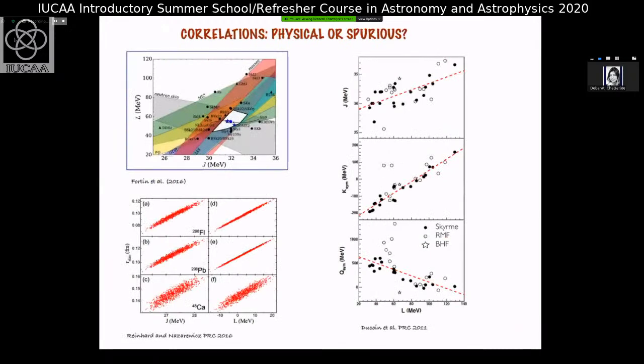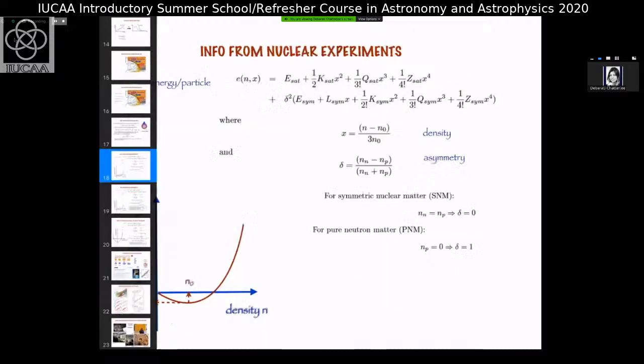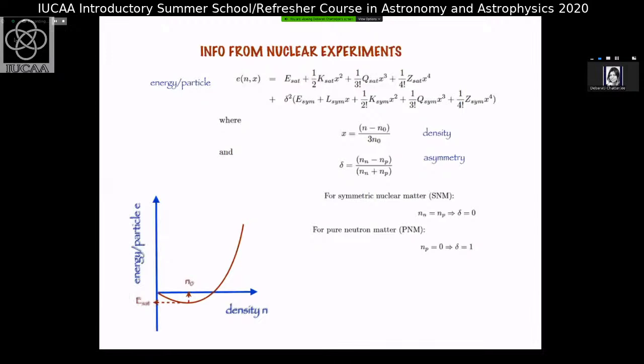You mean this J and L? The J here is just a different notation. So this is the same as symmetry energy. This is a Taylor expansion of the energy per particle with respect to x and delta. The first terms are for zero asymmetry, and the second line corresponds to asymmetry.